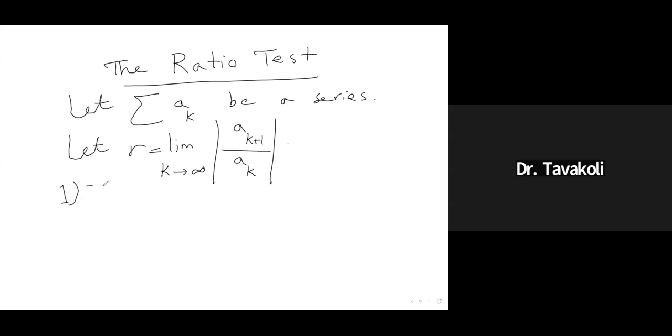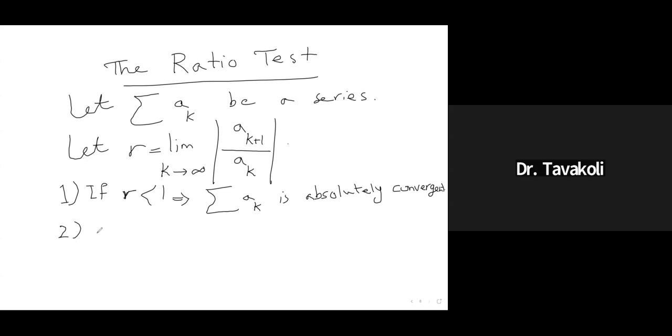If R happens to be less than 1, if this limit of the absolute value of this ratio is less than 1, then sigma of a_k is absolutely convergent. And we have already talked about the meaning of being absolutely convergent.